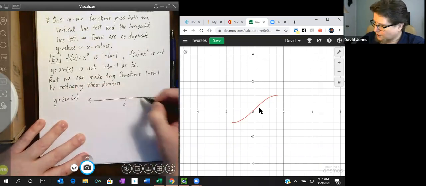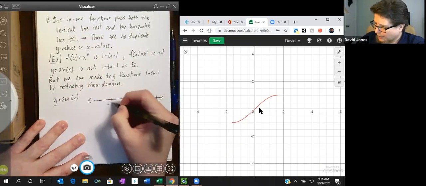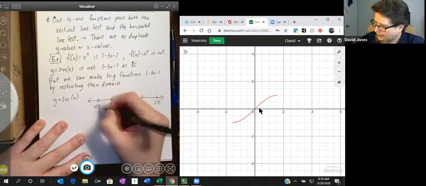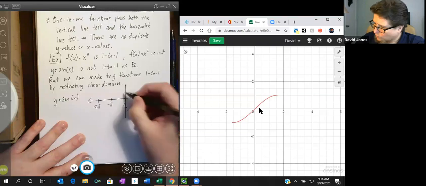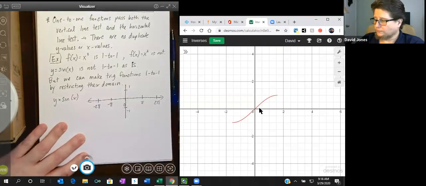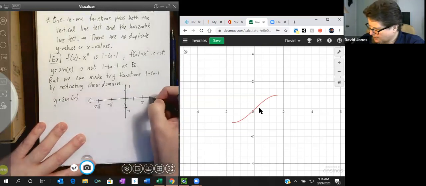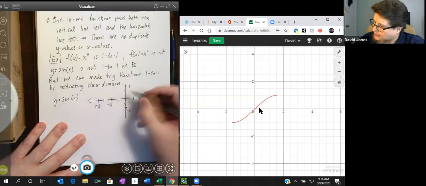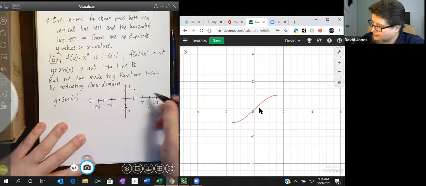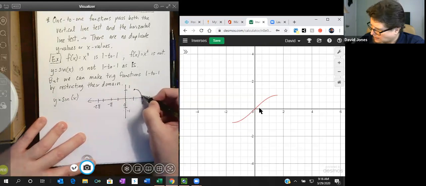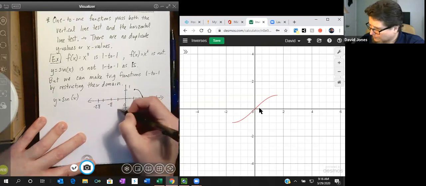We've got 0, pi, 2 pi, negative pi, negative 2 pi, -1 and 1. I'll put my midpoints. That's part of my normal graph of sine.